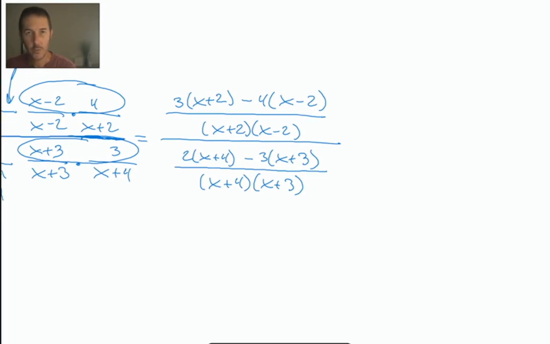Now here's what I want you to do as you take over this problem. Distribute your multiplication by 3, distribute multiplication by -4, distribute multiplication by 2, distribute multiplication by -3. So let's make a to-do list for you. You're distributing. Then I want you to combine like terms to the best of your ability.